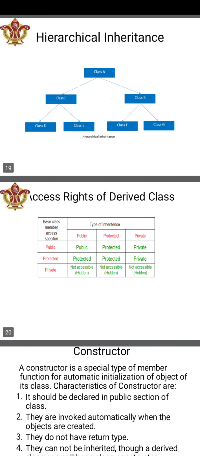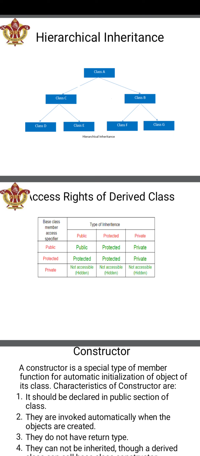Now let us look at the table that I was talking about a little bit earlier. If I am inheriting publicly, then you can see here that the public members of the base class are inherited in the public section of the derived class. The protected members are inherited in the protected section of the derived class, and private members are not accessible or are hidden.